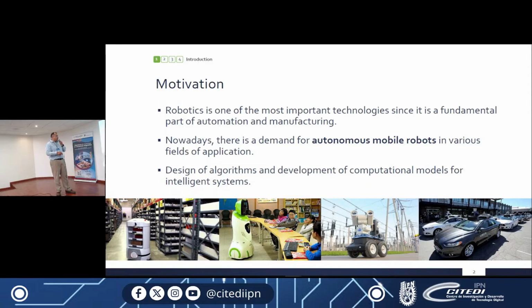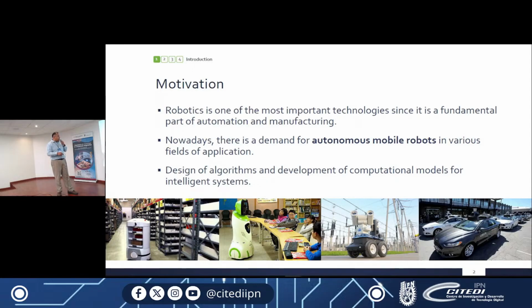There is an increasing demand for autonomous mobile robots in various fields of application. These robots just jump out of the factories to be involved in our daily life.